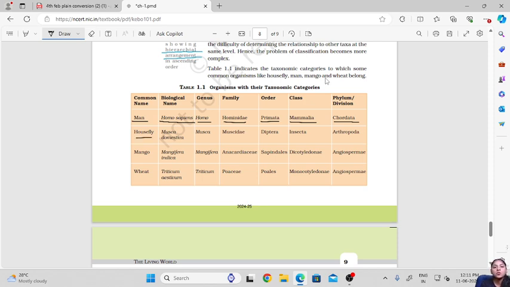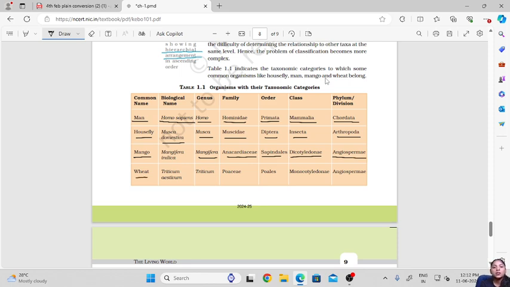Then housefly, Musca domestica, genus is Musca, family Muscidae, order Diptera, class Insecta, and phylum Arthropoda. Then a common example is mango, Mangifera indica, genus is Mangifera, family Anacardiaceae, order Sapindales, class Dicotyledonae, division Angiospermae, kingdom Plantae.